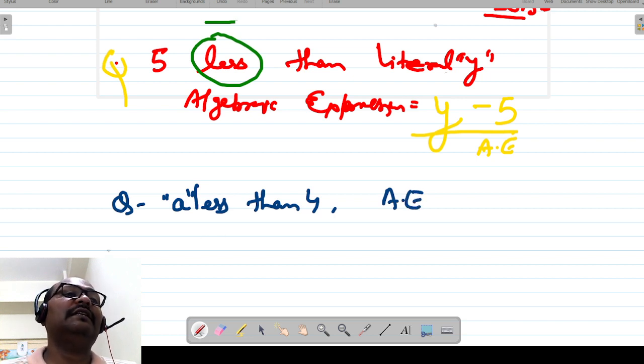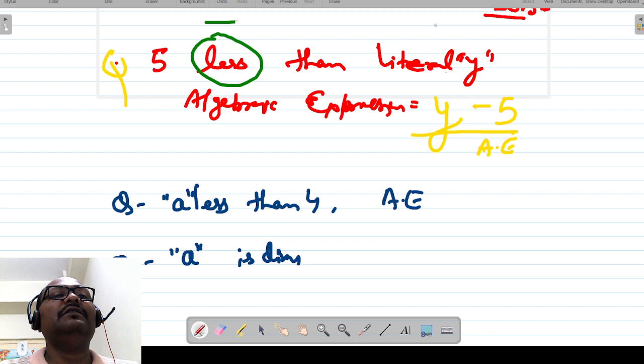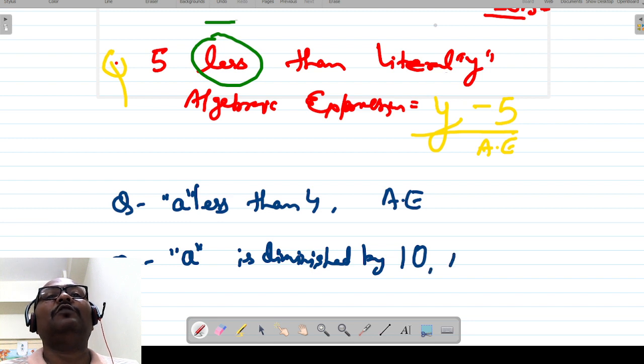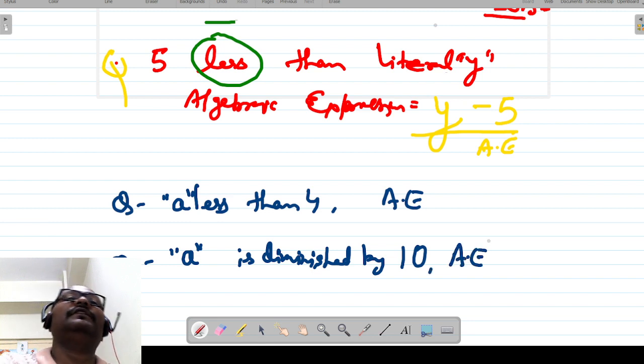Another question, which we'll write over here, is the same question written as: a is diminished by 10. Then what will be the algebraic expression? Tell me, students.